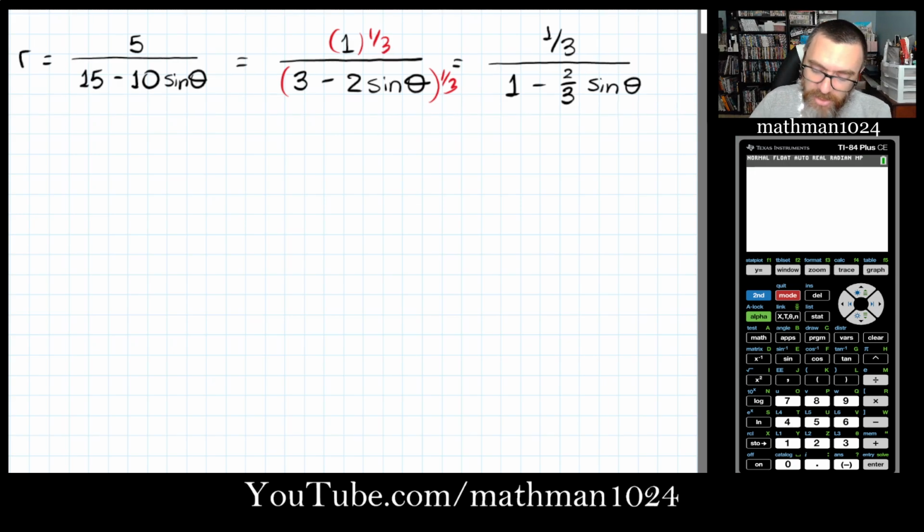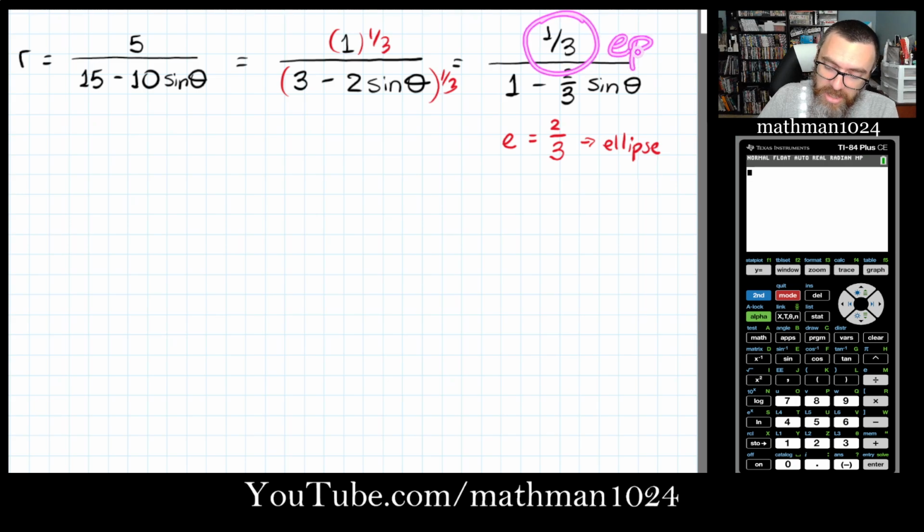All right, so in this form, we can identify that our eccentricity is 2/3. And since this is a value that is less than 1, that means that we are dealing with an ellipse. And what's that p-value? Well, remember that this is supposed to be e times p. So we have to do a little bit of work. Not a whole lot, but we'll be able to tackle this without a problem.